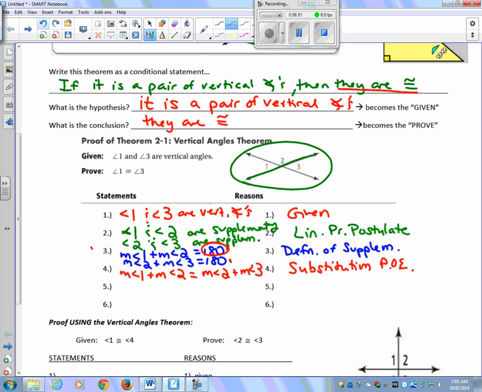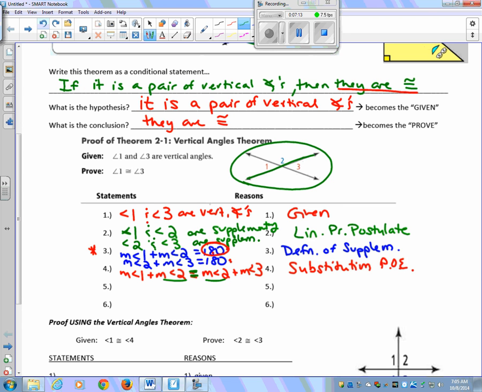Just a little hint here, whenever you have a step that says two things are equal to the same amount, you could always set those two things equal to each other by substitution. Now I can say, well, both sides have this measure of angle 2 on it. Both sides of the equal sign have measure of angle 2.